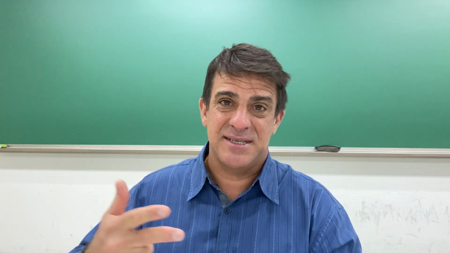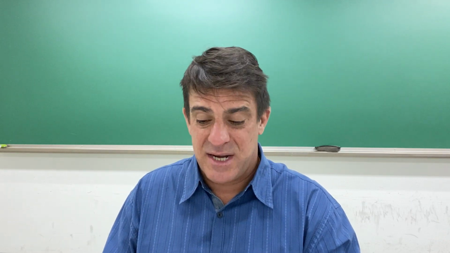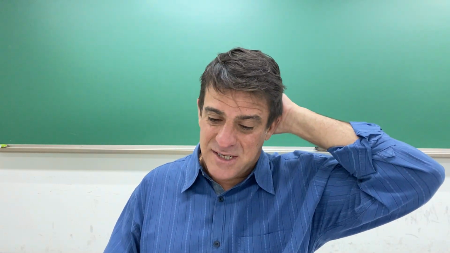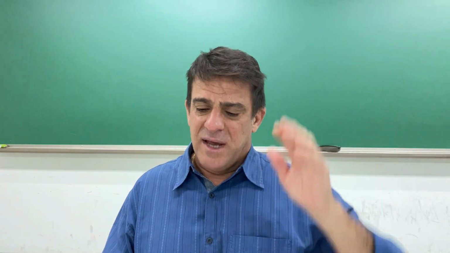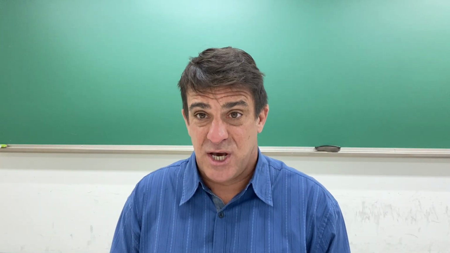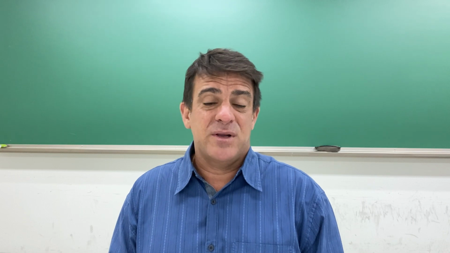A, C, D, yes. B, no. They don't talk about rhyming sounds. That might be true, but it doesn't mention that in paragraph 3. Again, number 6 is B. An inflection that's overemphasized is very common when you talk to a child, right? You might say, do you like it? Right?